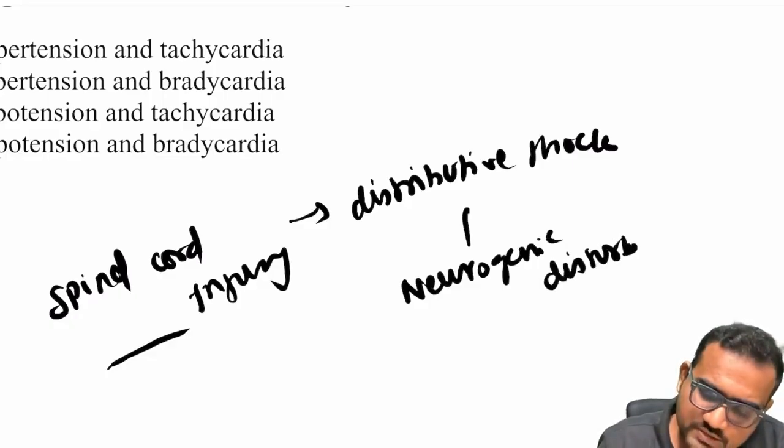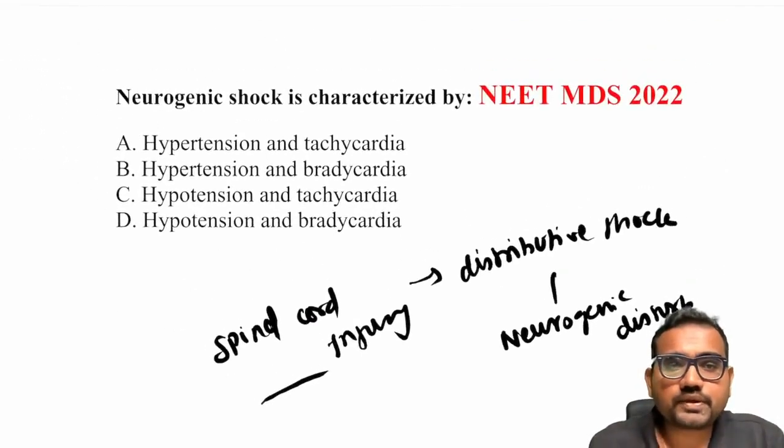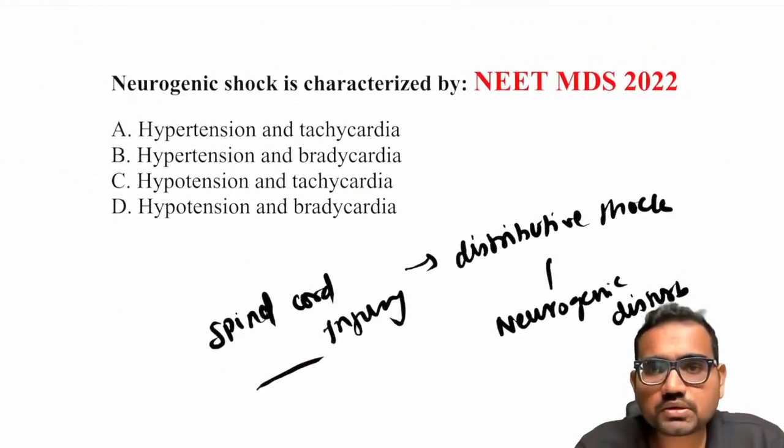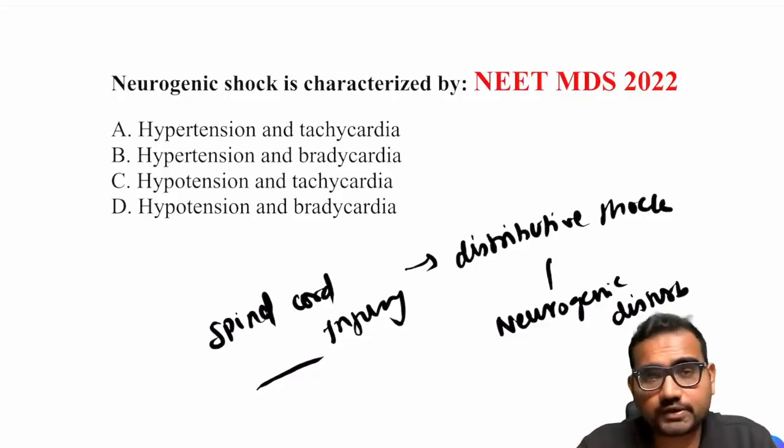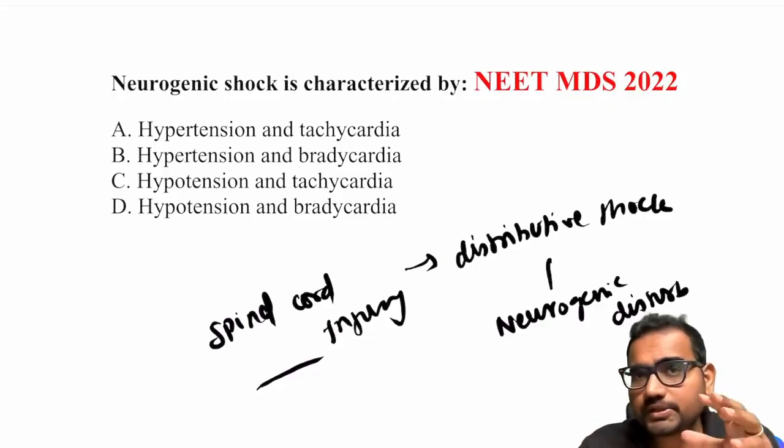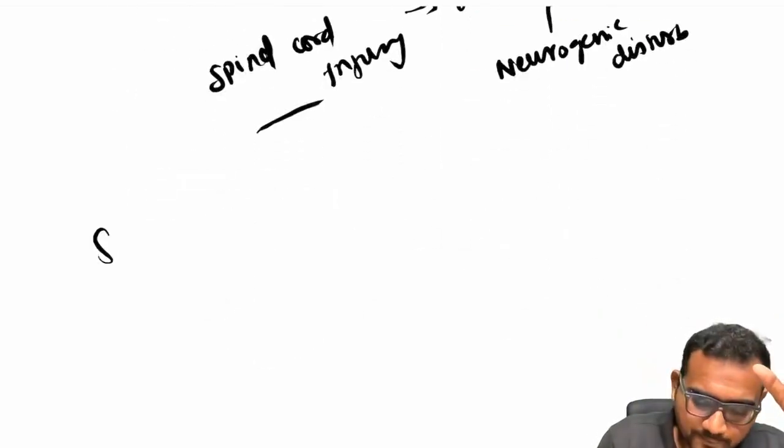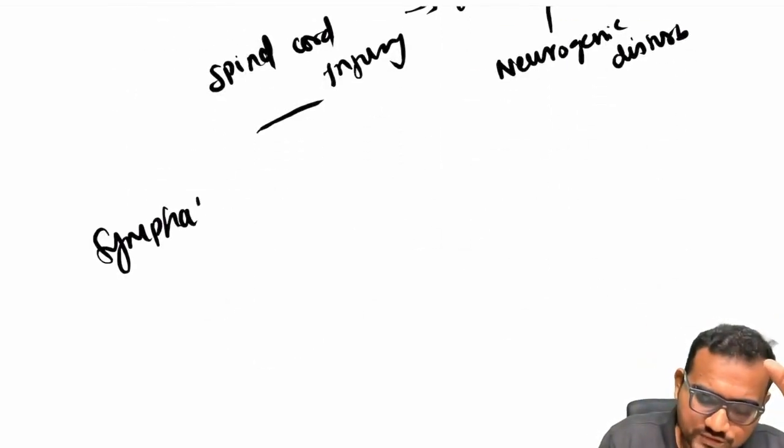So when there is neurogenic shock, the sympathetic tone is going to get affected. The sympathetic tone is mainly responsible for vasoconstriction.